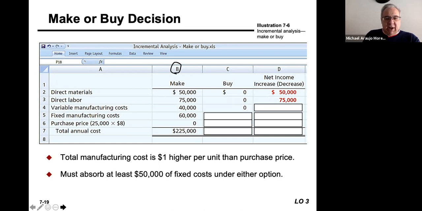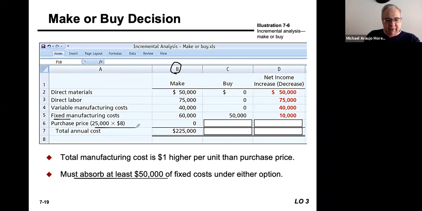They would also save variable manufacturing costs, so that would increase their net income by 40,000. However, not all fixed costs are eliminated. They're going to absorb 50,000 of fixed costs anyway, right? So they're only going to save 10,000 there.